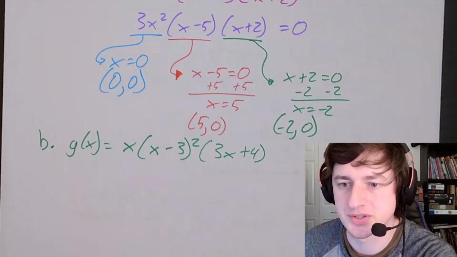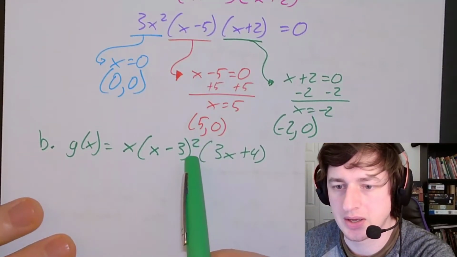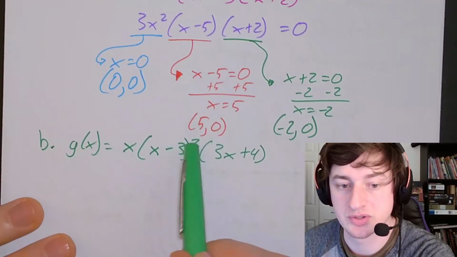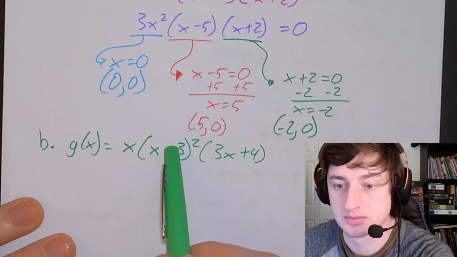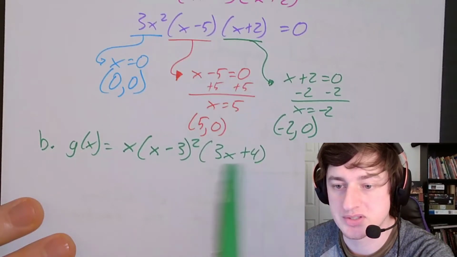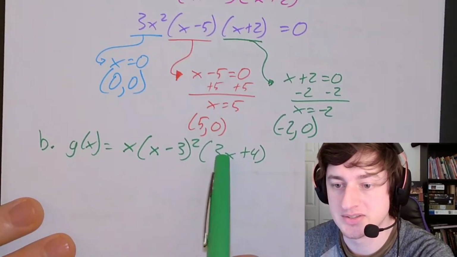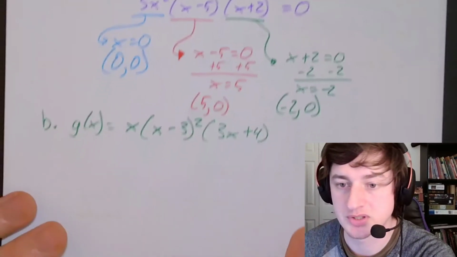Okay, a couple differences here. We have a polynomial squared, right? The x minus 3 is squared. We have 2 copies of this. And then we have this thing, which has a 3 inside the parentheses times the x.